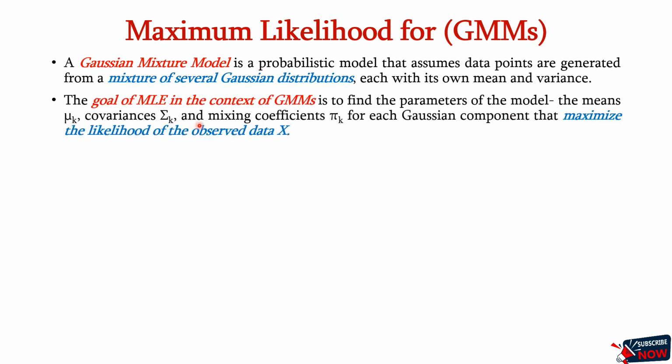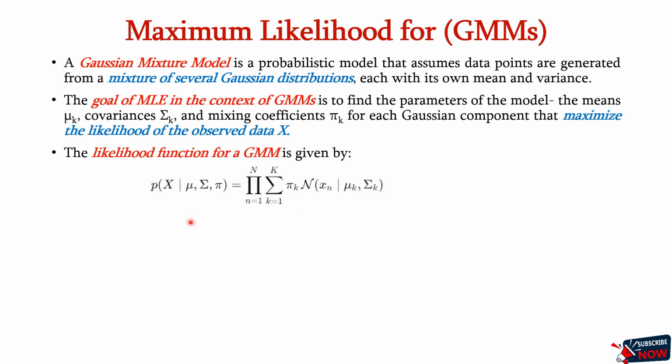The goal of MLE in the context of GMMs is to find the parameters of the model, namely the means mu k, covariances sigma k and mixing coefficients pi k for each Gaussian component that will maximize the likelihood of the observed data X. We can define the likelihood function for a GMM as P of X given mu, sigma, pi is equal to product of n equal to 1 to N into summation of k equal to 1 to K pi k into normal distribution of xn given mu k, sigma k.